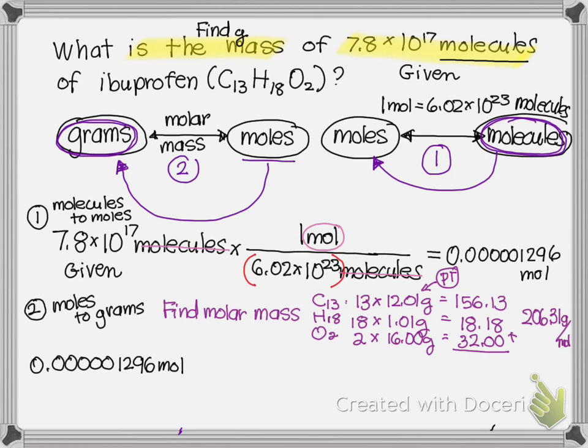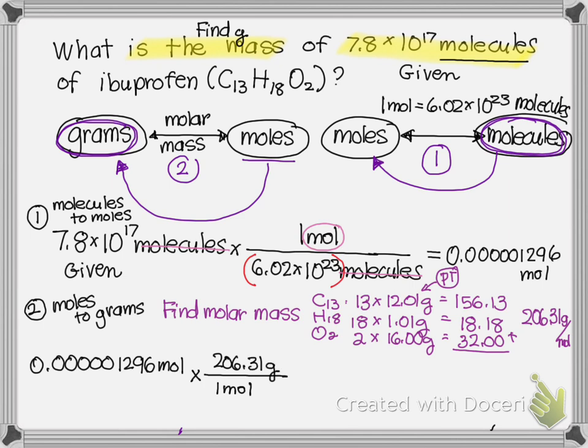Okay, so that wasn't even the problem. That was just an extra step. So now I'm going back to what I was doing, taking the moles that I calculated from the previous step. I am going to multiply by the molar mass because it's 206.31 grams in 1 mole.